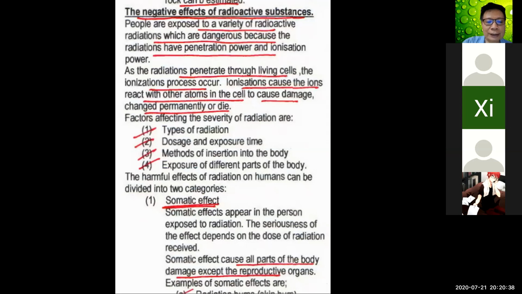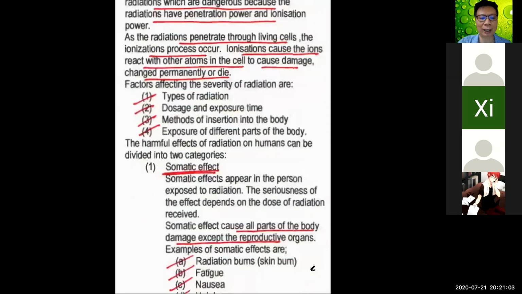The seriousness of the effect depends on the dose of radiation received, the dosage. Somatic effect affects all parts of the body except reproductive organ. Reproductive organ is not somatic effect, it's another effect, genetic effect.